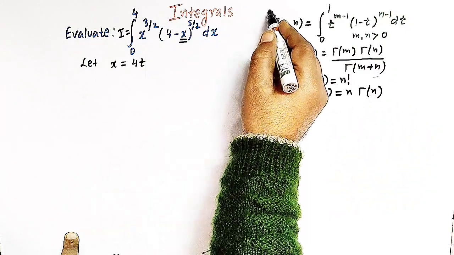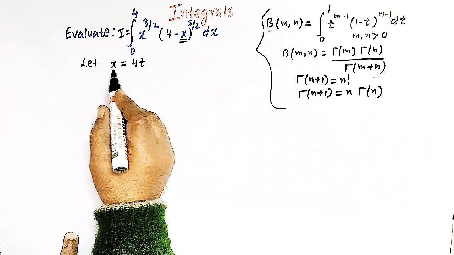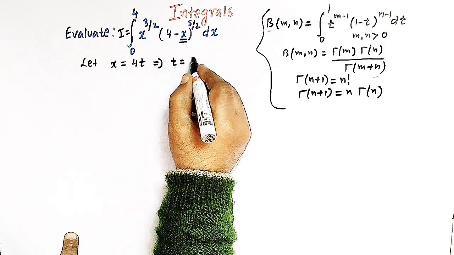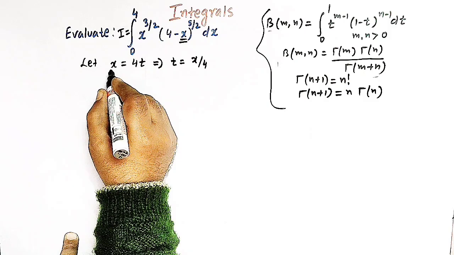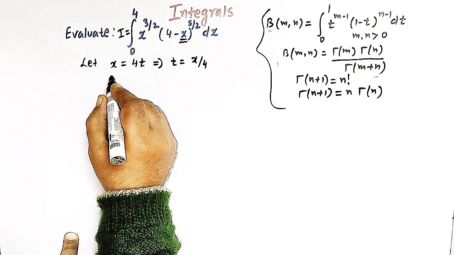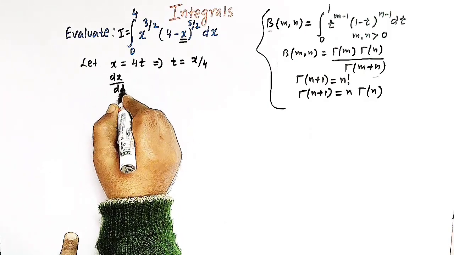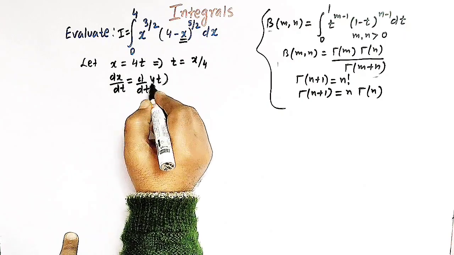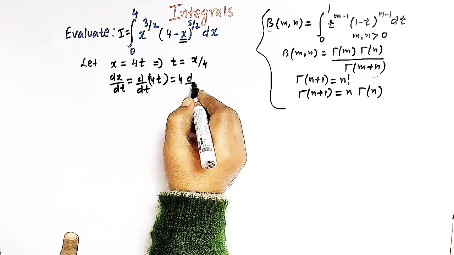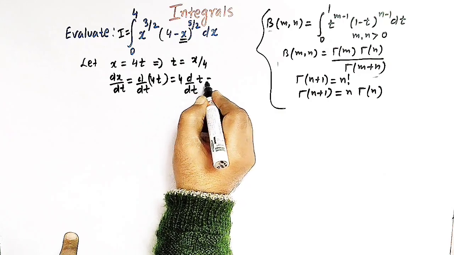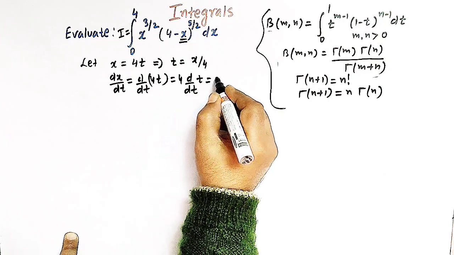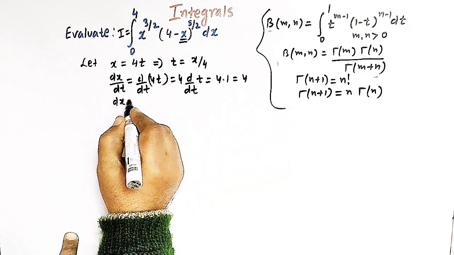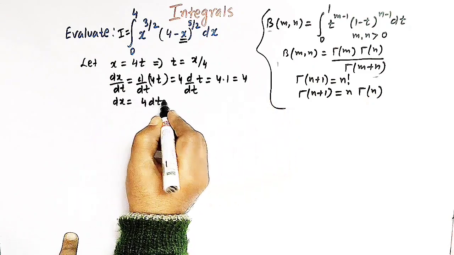So let us make this substitution. Here x is equal to 4t, so t can be written as x over 4. Now let us differentiate x with respect to t. So dx over dt is d by dt of 4t, which is 4 times the derivative of t, and the derivative of t with respect to t is 1, so we have 4. So dx can be written as 4 times dt.